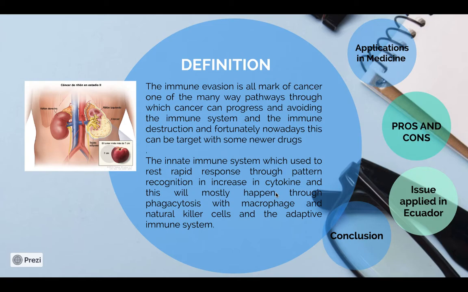Unfortunately, nowadays these can be targeted with some novel drugs. The innate immune system raises a rapid response through pattern recognition and an increase in cytokines, and this will mostly happen through phagocytosis by macrophages and natural killer cells, and the adaptive immune system.